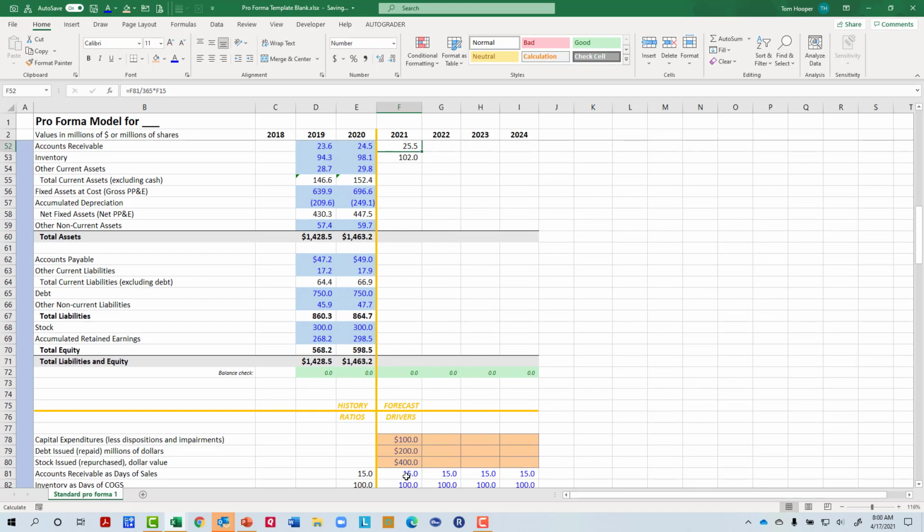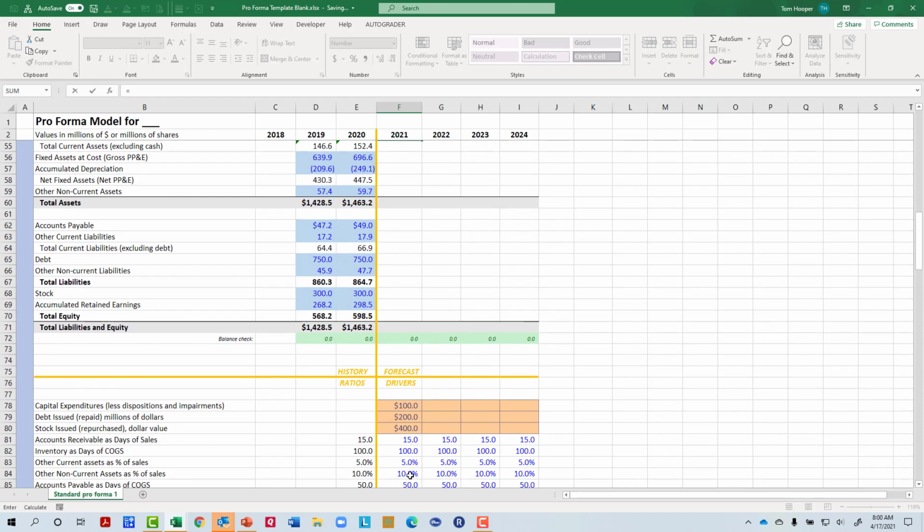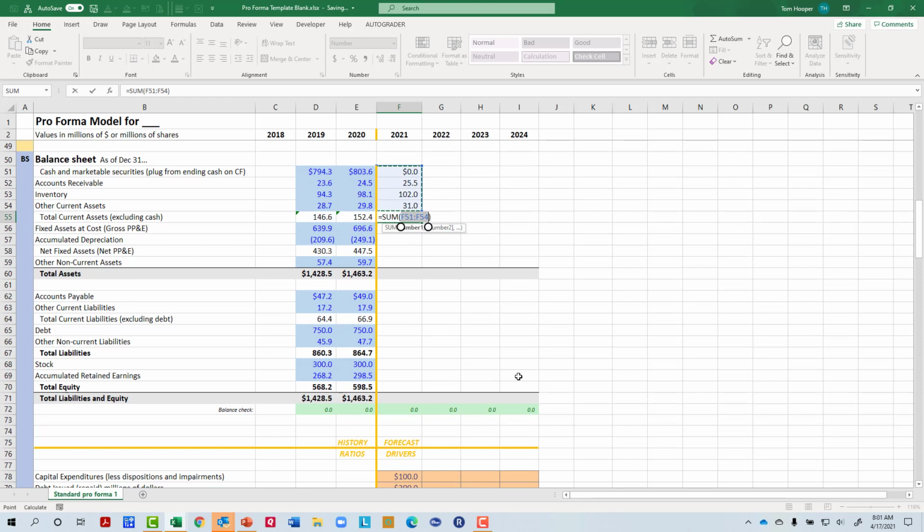I'll make sure I used F up here. Yeah. And then the other current assets, we said is a percentage of F15. And the total current assets, we can add those up. Let's make sure we don't get cash because we want to exclude cash in this total. The template is telling us.